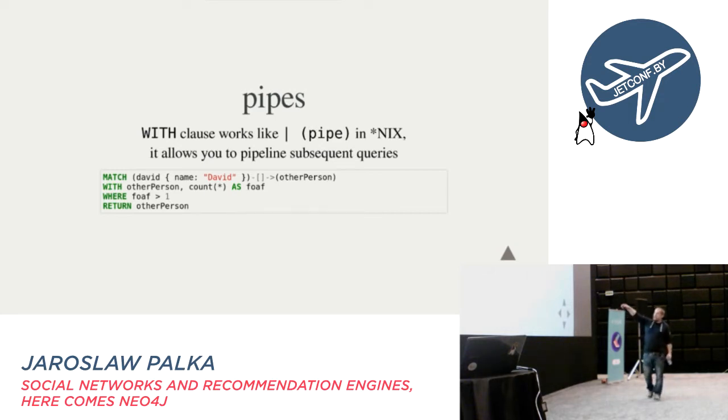And then return to the next query this other node and count the number of these relationships, and then you can filter and say, find me a person who has more than one friend. Okay, this is the query you will get.